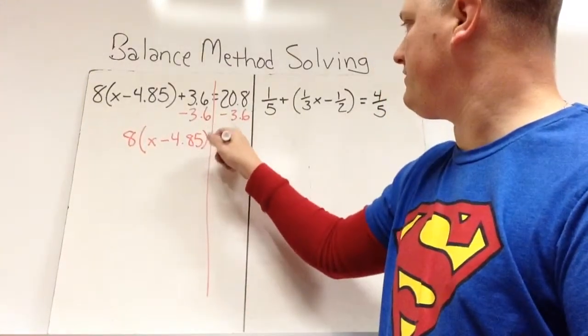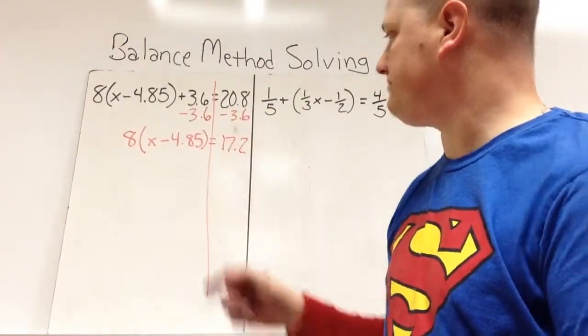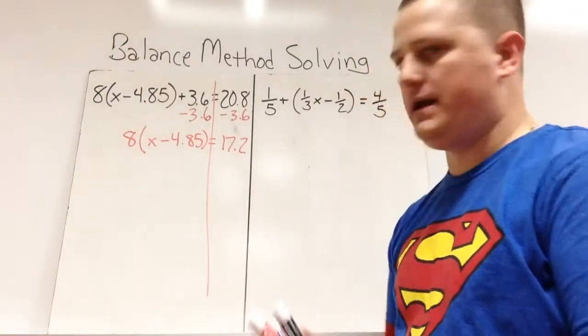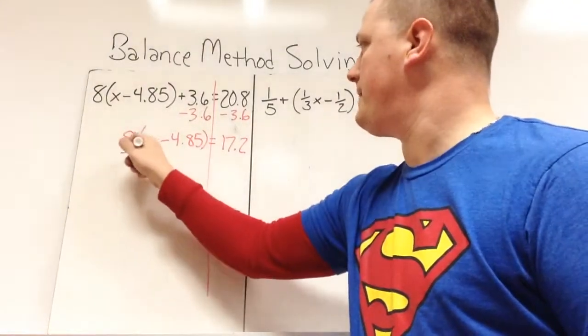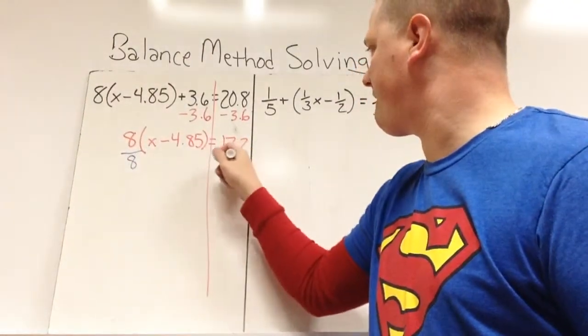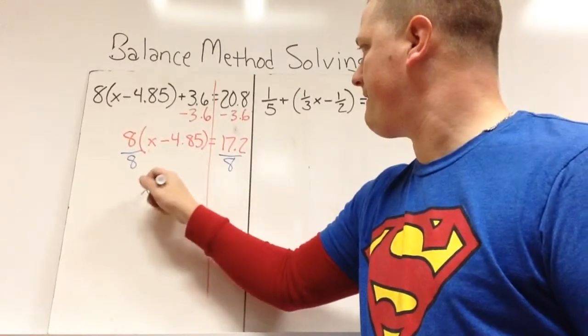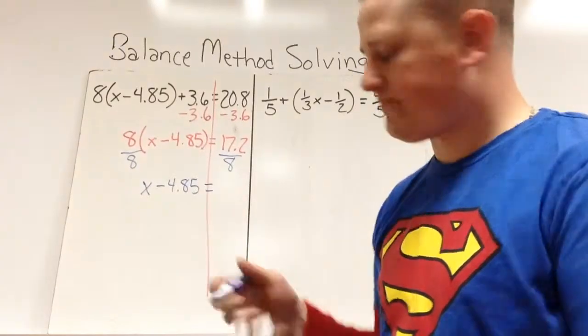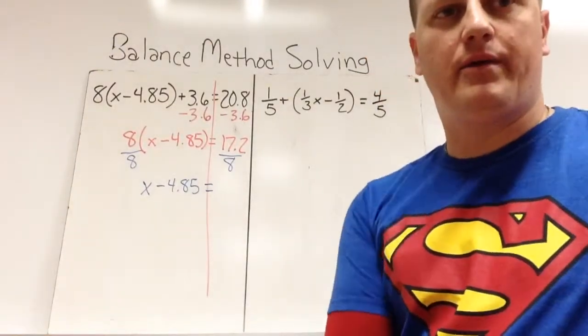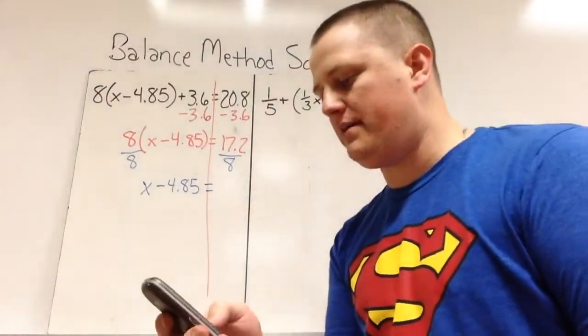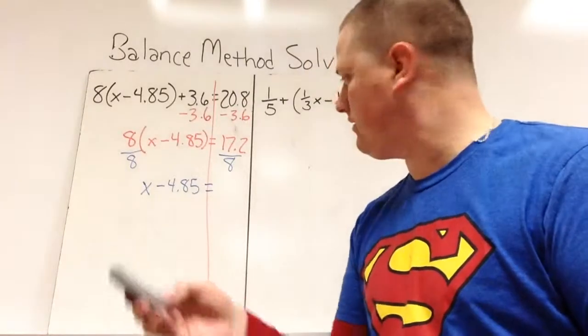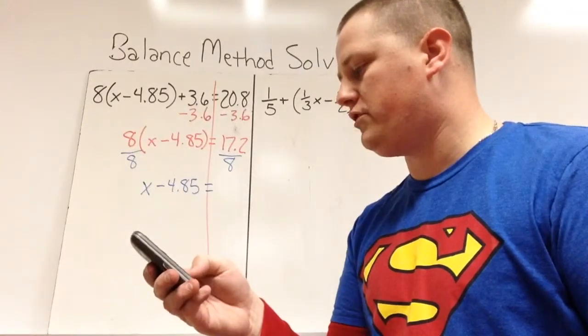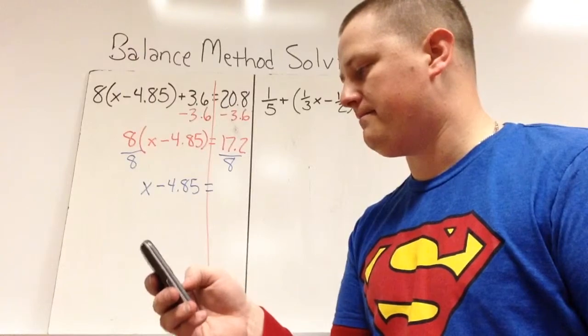It's going to leave me with 17.2. Okay, here I'm going to want to divide by 8. Don't really know that one off the top of my head, so we'll use the calculator to help me out. 17.2 divided by 8.